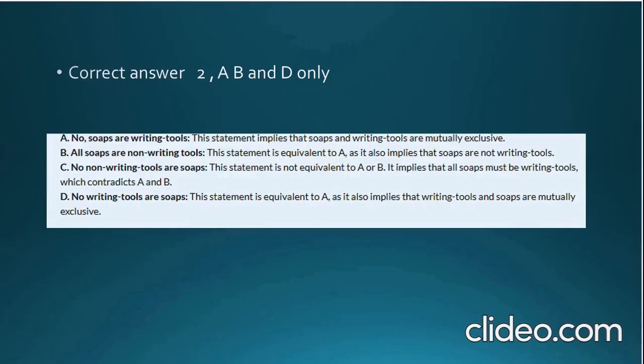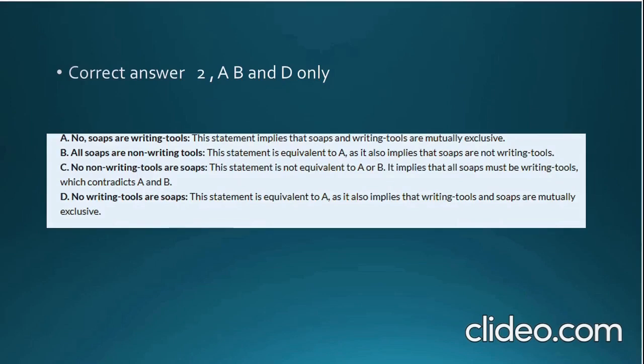Let us see the statements given here. A. No soaps are writing tools. This statement implies that soaps and writing tools are mutually exclusive. B. All soaps are non-writing tools. This statement is equivalent to A, as it also implies that soaps are not writing tools.